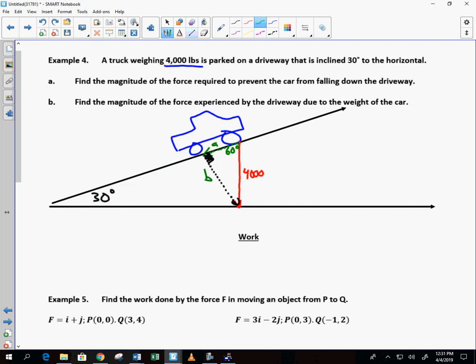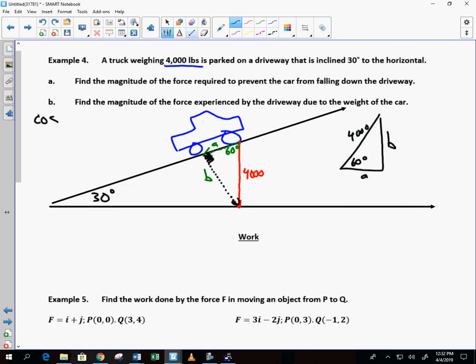All right, so I'm going to flip this triangle because that's what I do. I flip things. So I got 4,000, I've got 60, and I've got A, and I've got B. Can somebody here give me a trigonometric function that relates A, 60, and 4,000? Cosine.